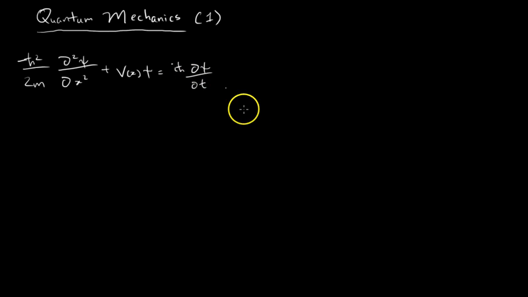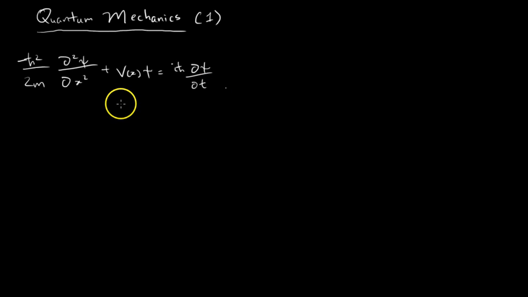Okay, so just going from the beginning to make it nice and simple, negative h bar squared over 2m is just a constant. Then you're taking the second partial derivative of psi with respect to x, the spatial coordinate. Right now we're only in one dimension, plus the potential energy times psi is equal to i h bar, another constant, times the partial of psi with respect to t, which is time.